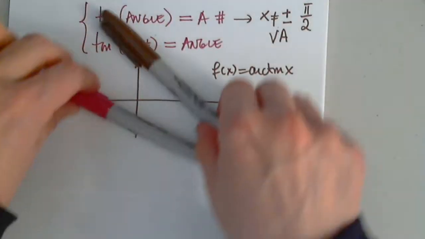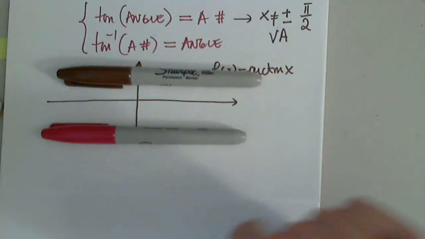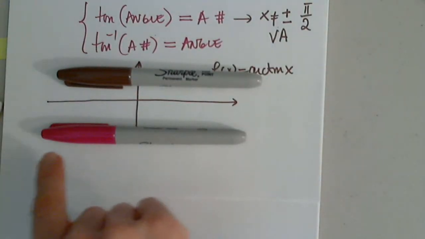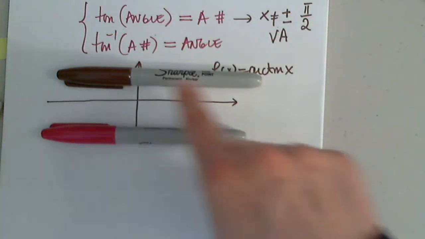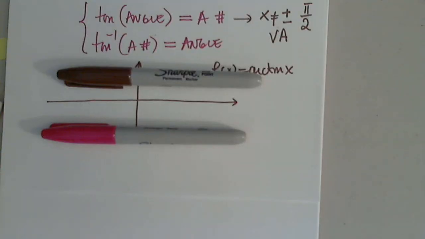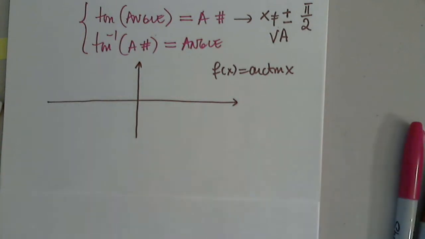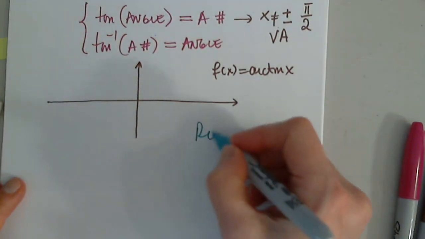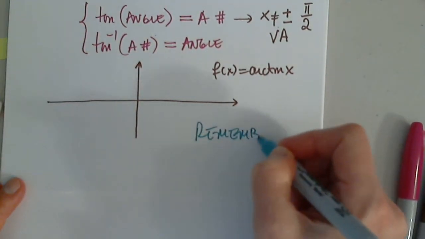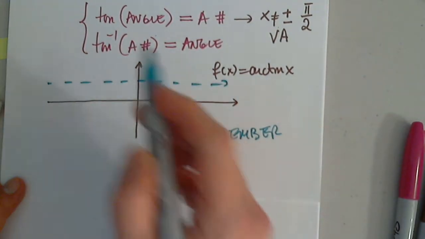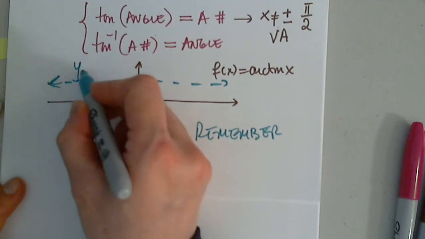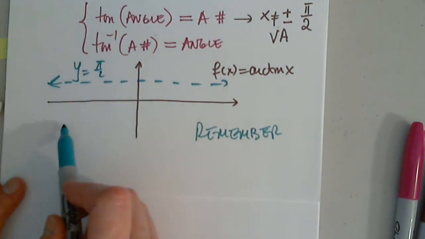So then now the arctangent will have a horizontal asymptote at negative pi over 2 and a horizontal asymptote at pi over 2. This again is to remember. Please. So up here, I have y equals pi over 2.